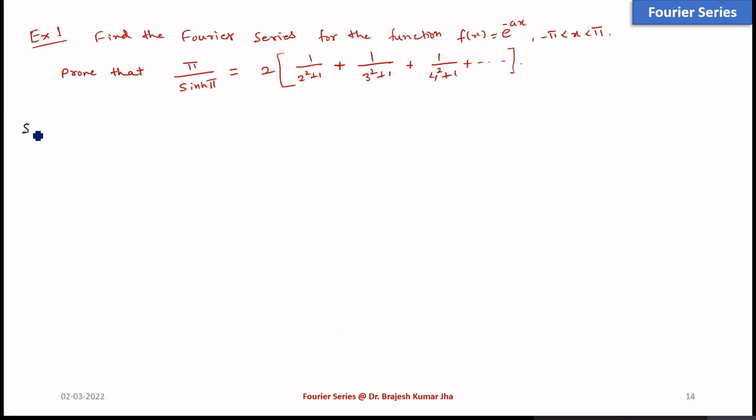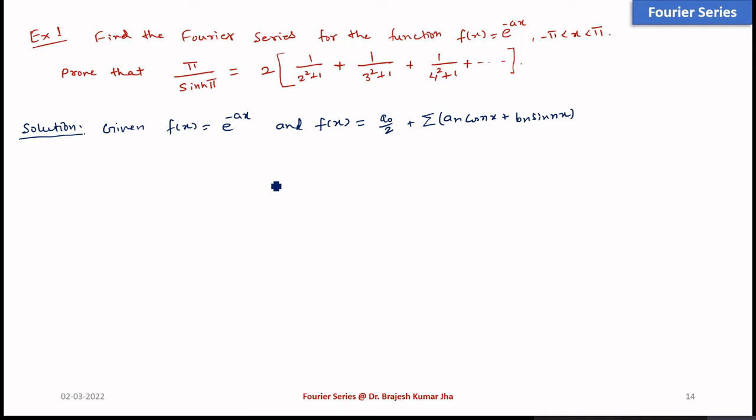To solve this question, what we require first is to find the Fourier series. So we have given here f(x) is e to the power minus ax, right? And we know how to write the Fourier series. f(x) will be a0 by 2 plus summation an cos nx plus bn sin nx.